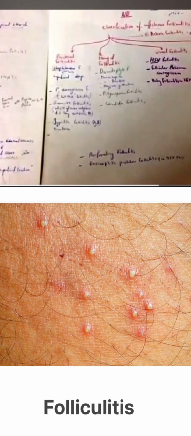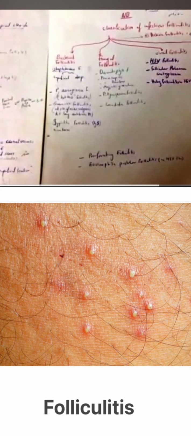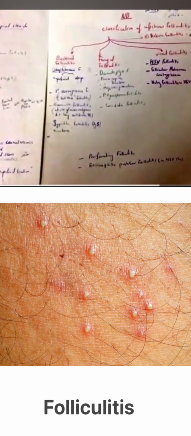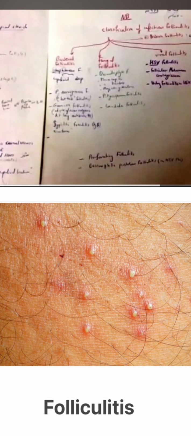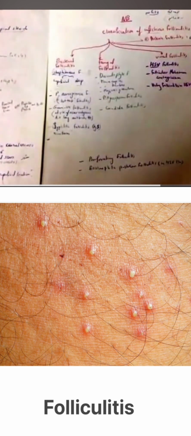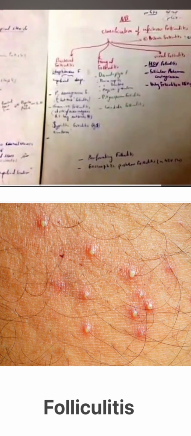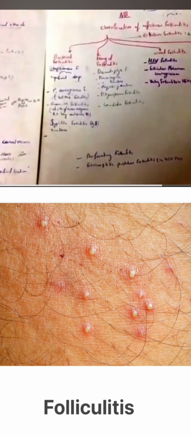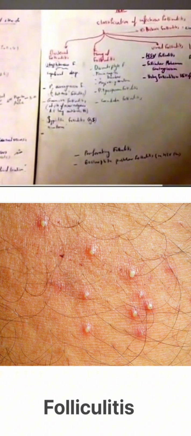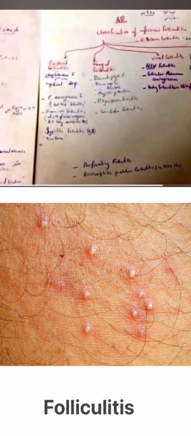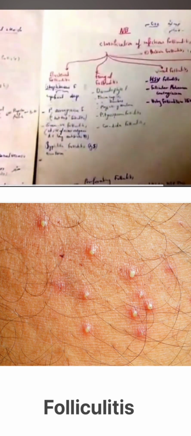Fungal: dermatophytes, tinea capitis, tinea barbae, and Majocchi granuloma; Pityrosporum folliculitis, Candida folliculitis. Viral: herpes simplex folliculitis, follicular molluscum contagiosum, and itchy folliculitis of HIV. Infestation: Demodex infestation, and perforating folliculitis and eosinophilic pustular folliculitis. Of course, there is also actinic folliculitis within 24 hours after exposure.